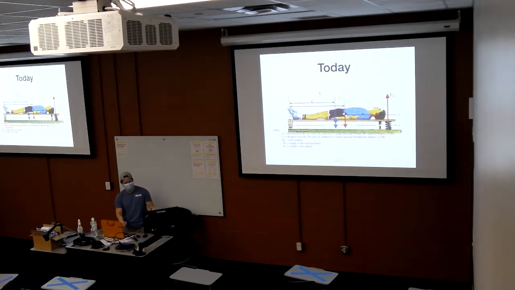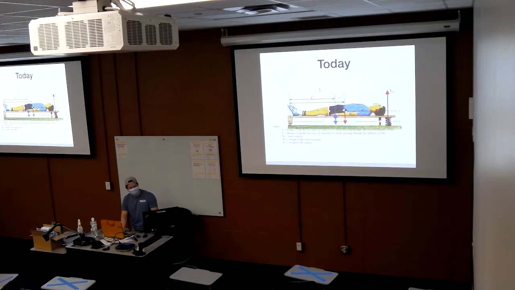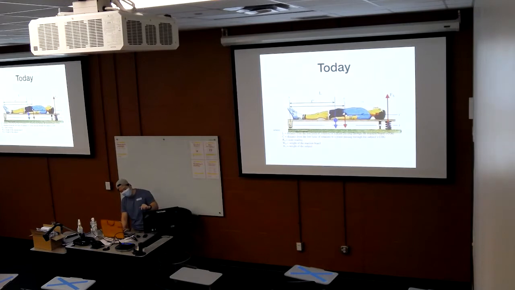So that's today's setting. We'll lie down on the board. We'll use a weight scale to record the force on this end. And then we want to calculate the distance from your toe to your center of mass when your arms are by your sides, and then raise our arms and see if the center of mass changes.